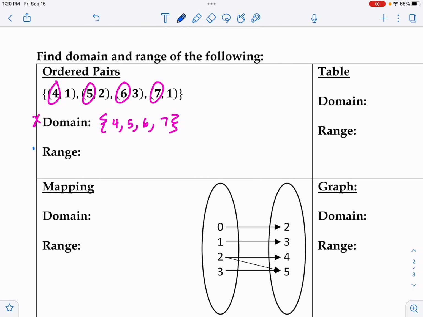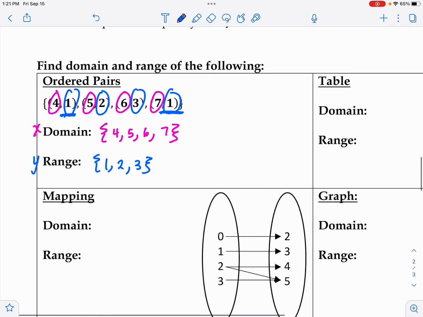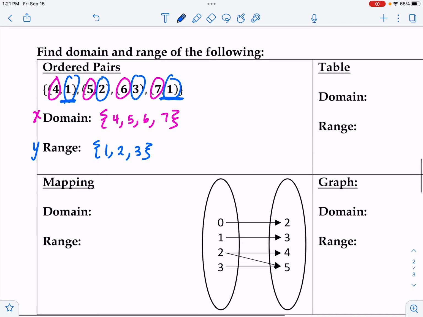Then your range would be the second coordinate, your y values. If you see a value repeated, don't write it twice. Like the 1 is repeated, but just like if I were to see a student twice, I wouldn't put them on my roster twice, because then it looks like I have extra students. So you would just do 1, 2, 3.